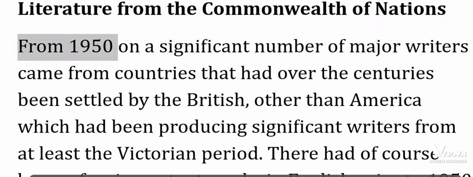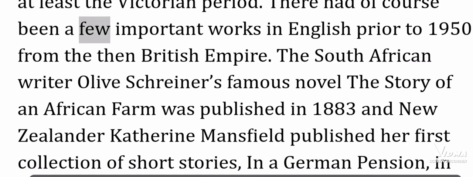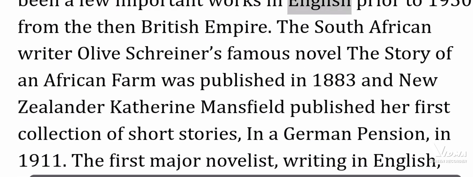From 1950 on, a significant number of major writers came from countries that had over the centuries been settled by the British, other than America, which had been producing significant writers from at least the Victorian period. There had of course been a few important works in English prior to 1950 from the then British Empire.